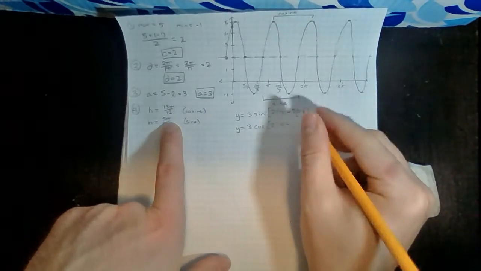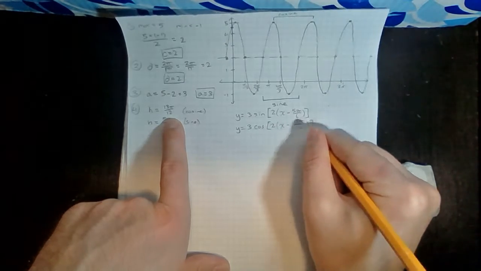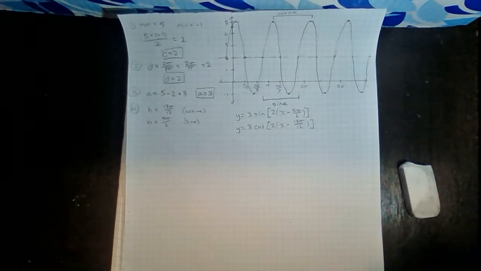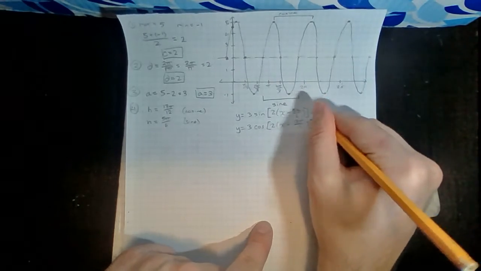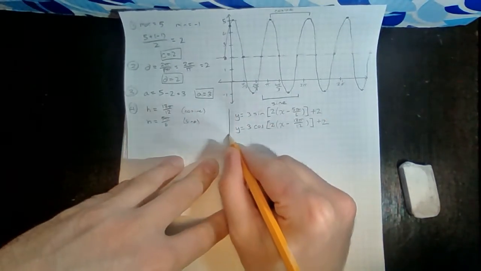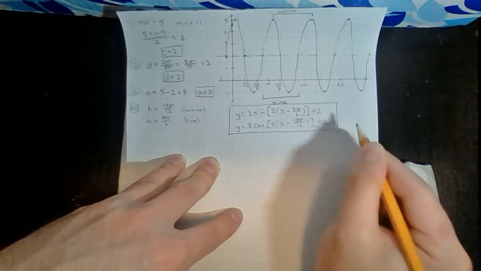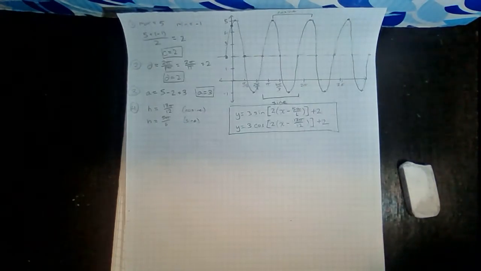We subtract our h for our cosine, which is 13 pi over 12. Then we add our c, add our equation of the axis, add 2. And there we have a sine and a cosine equation that both represent this function here.